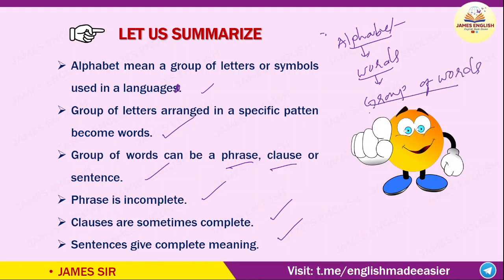Through groups of words we can form phrases, clauses, and sentences. So in today's class, I have provided you basic information, the background behind what is the alphabet, group of words, phrase, clause, and sentence. In the next video, we will continue with the types of phrases, types of clauses, and types of sentences.